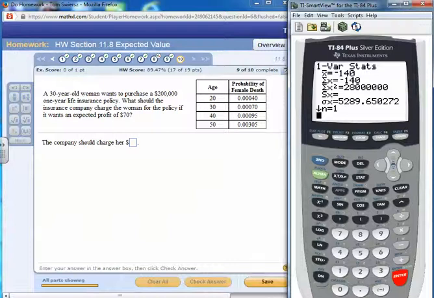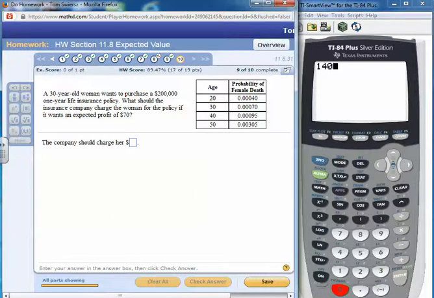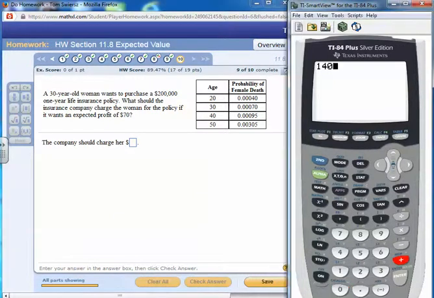So now the company on the average is going to pay out $140, correct? So the expected payout is going to be $140. So then what we'll do is they have to charge $140 to break even, right? But plus another $70 because they want to make profit. So their average payout is going to be $140, so they're going to charge $140 to even it out, and then we're going to add another $70 because the profit is 70.